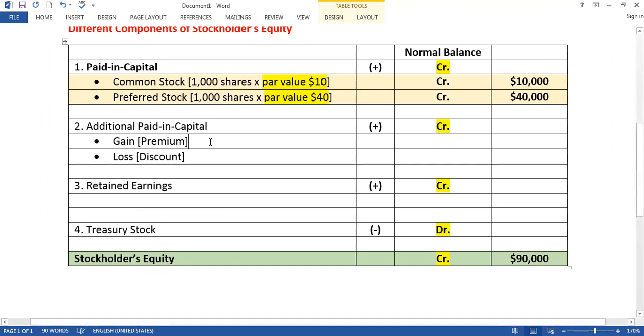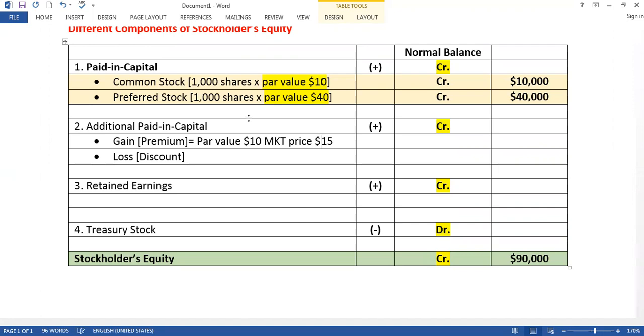Now, how to understand we have gain or loss? Look at here, the par value, for example. Par value, according to this example, is $10. You sell common stock or preferred stock anyway, the par value is $10. However, the market price, from the market you receive $15.